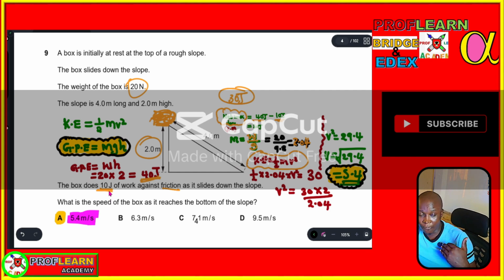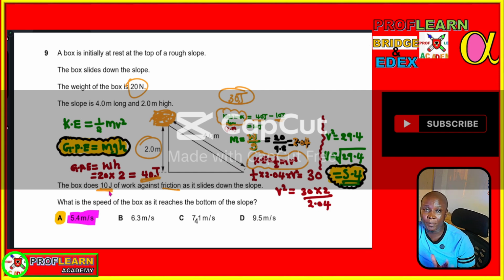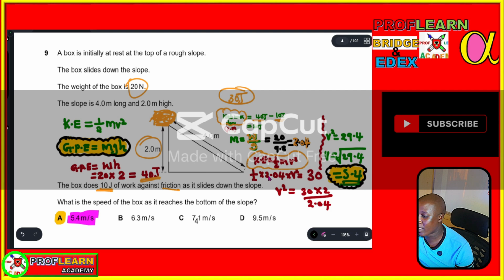So from the 40 we remain with 30 joules, which is converted to kinetic energy. That's why I'm saying half mv squared is equal to 30, and if you work it out you are going to get v equals 5.4, which is going to be our answer at that given point.